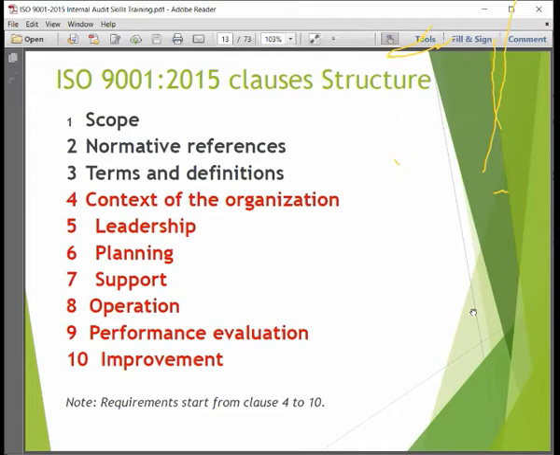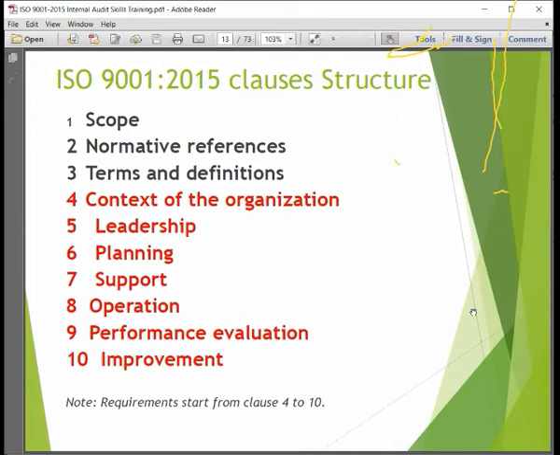So as you can remember from our awareness, there are 10 main clauses or chapters. One is about scope. There is normative reference, terms and definitions, context of the organization, leadership, planning, support, operations, performance evaluation, and improvement. There are 10, but requirements start from clause 4 to 10.